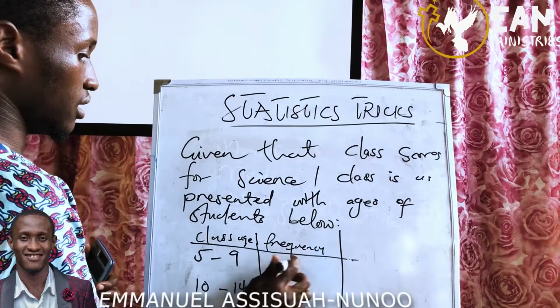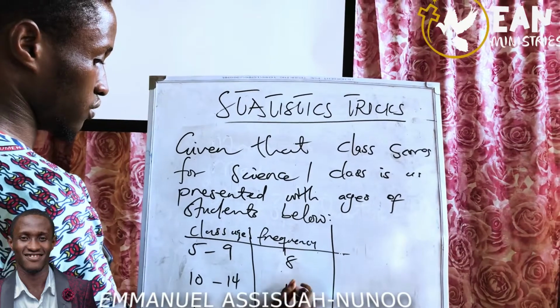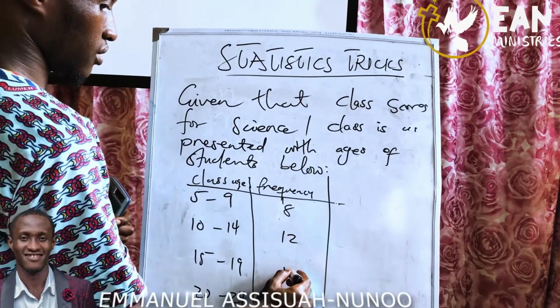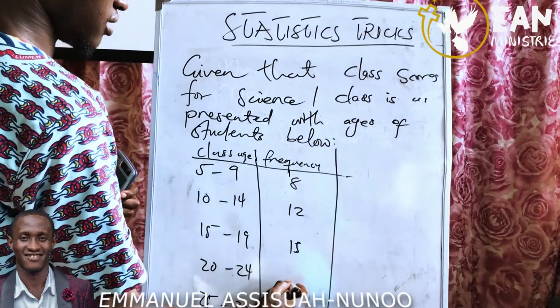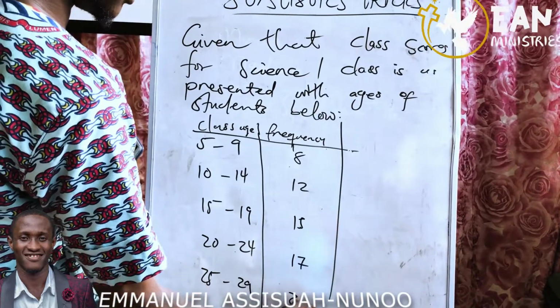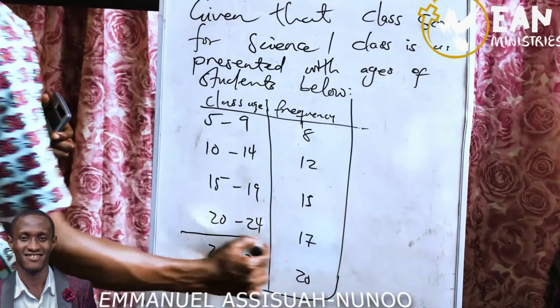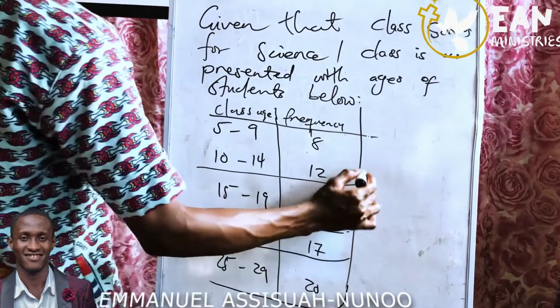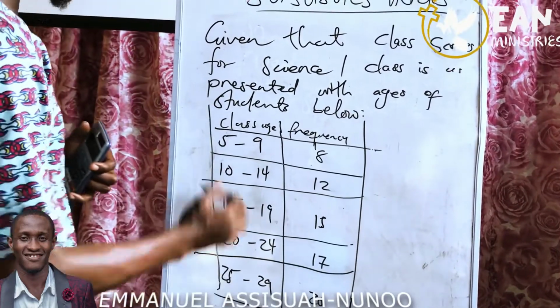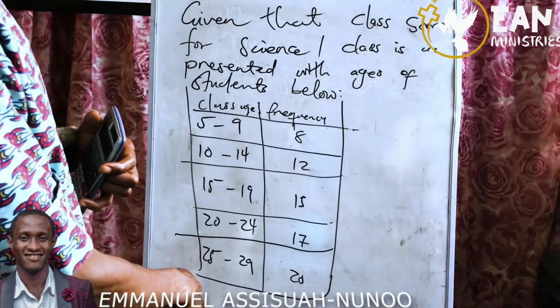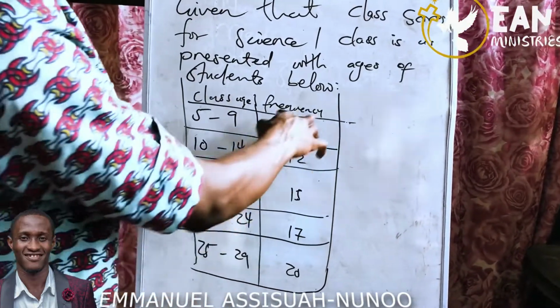So let's say 8, 12, 15, 17, 20. So let's say this is the table that we've been given. This is the class limit, but it's not the boundary, and this is the frequency.